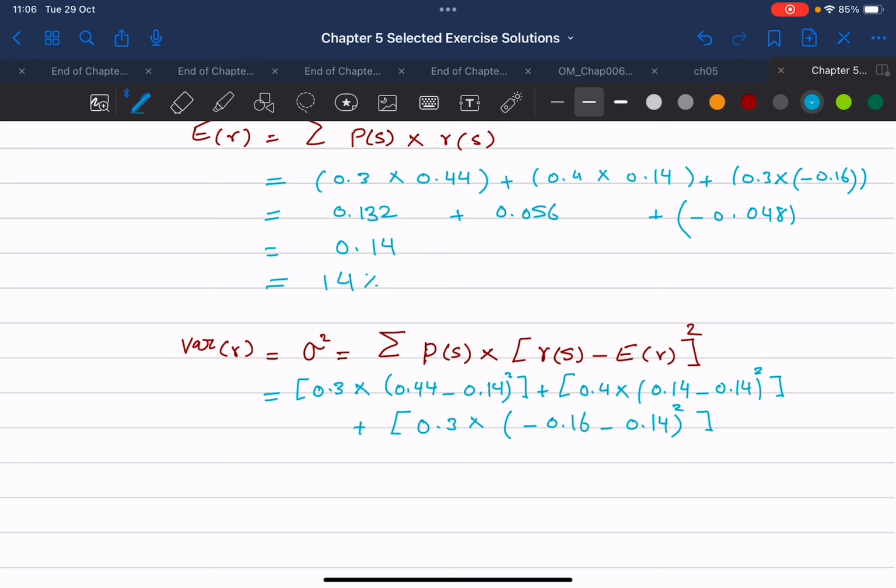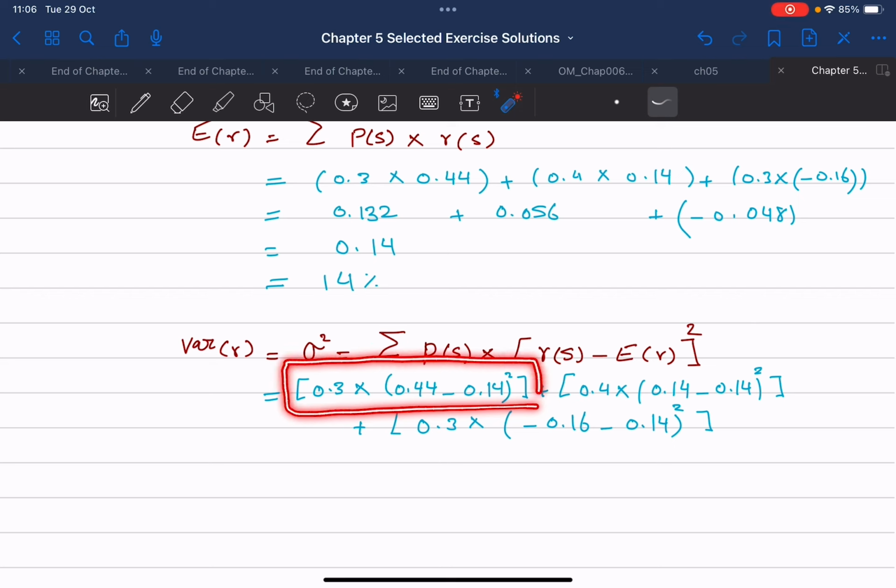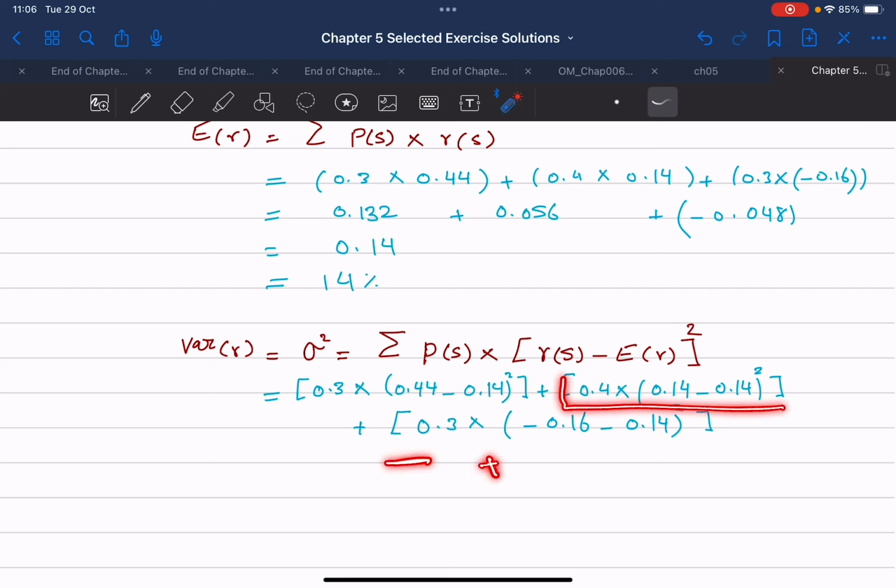Now all we need to do is run the numbers in a calculator, and I would advise you to calculate each term in the formula on its own, to have better chances of avoiding any calculator mistakes. Calculate the first part, write it down, and then go on to the next one.